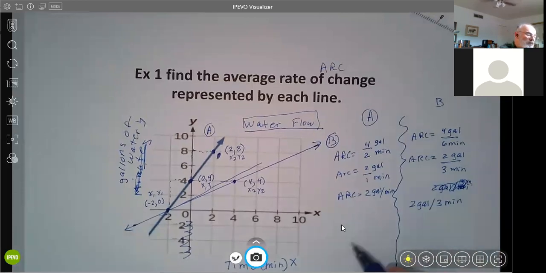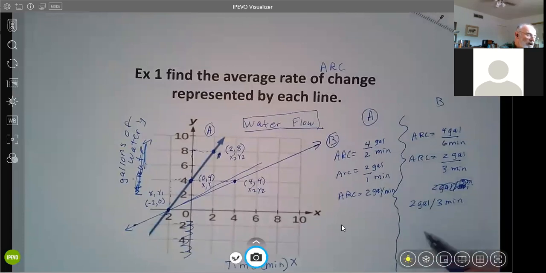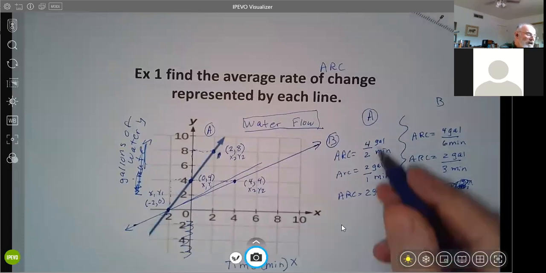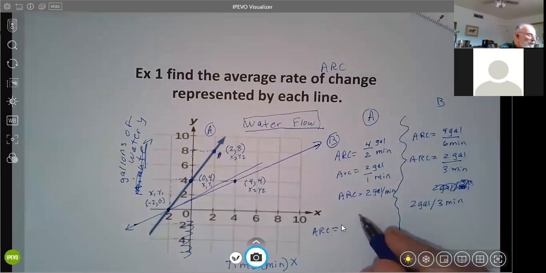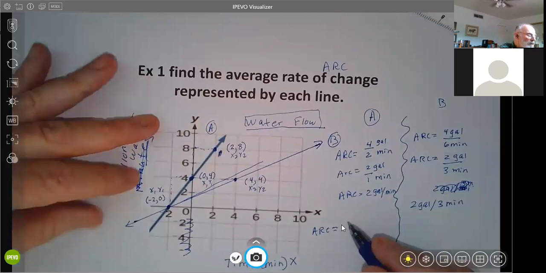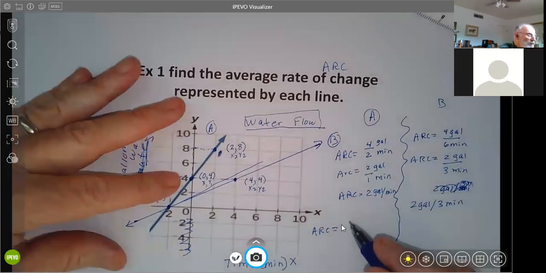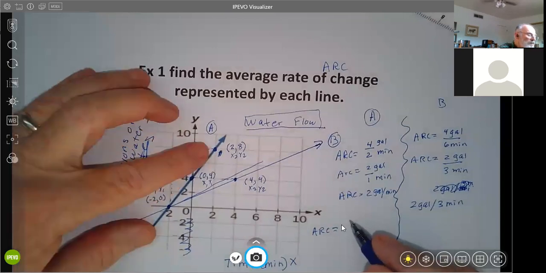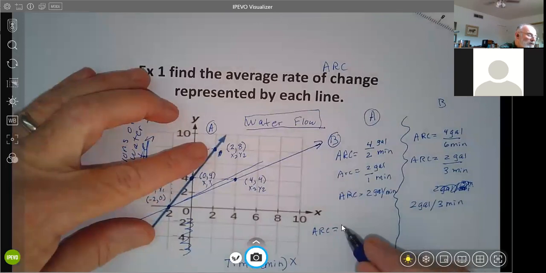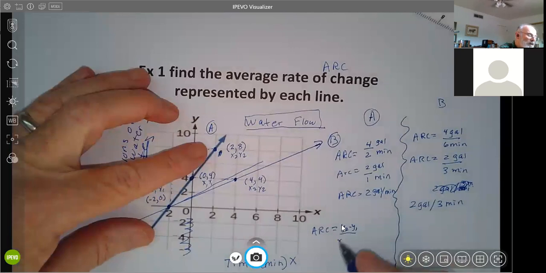Now you can use y2 minus y1 over x2 minus x1. So I'll just do that for A just so we can see it. So average rate of change equals, okay, so using the first one, this was my x1, y1, 0 and 4. And this is my x2, y2, 2 and 8. So y2 minus y1 over x2 minus x1.